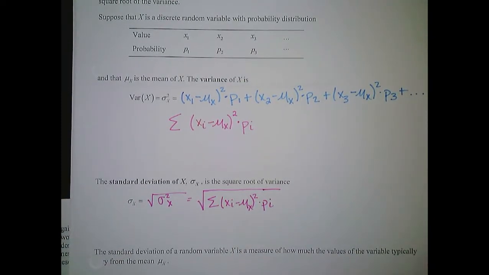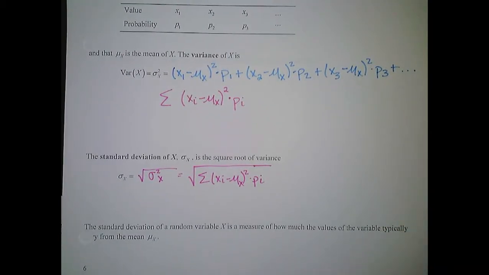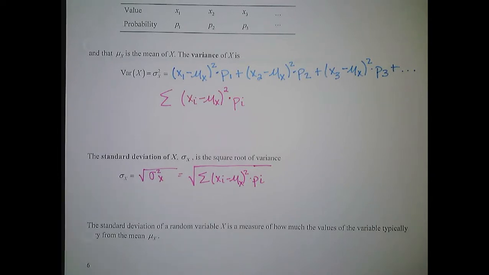The standard deviation of a random variable x is a measure of how much the values of the variable typically vary from the mean, just like before. The mean is what we would expect typically. The standard deviation is how far on average each outcome typically falls from that mean.